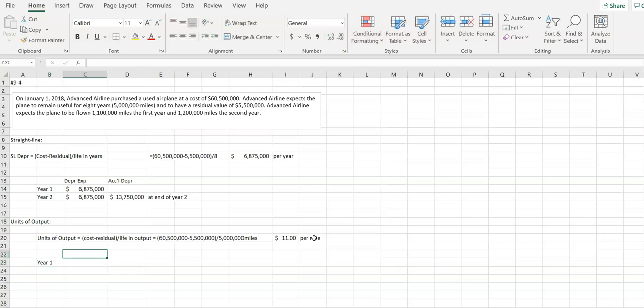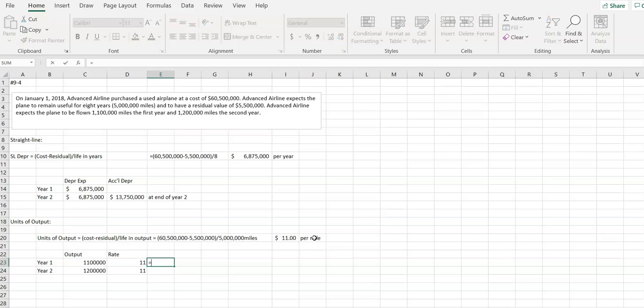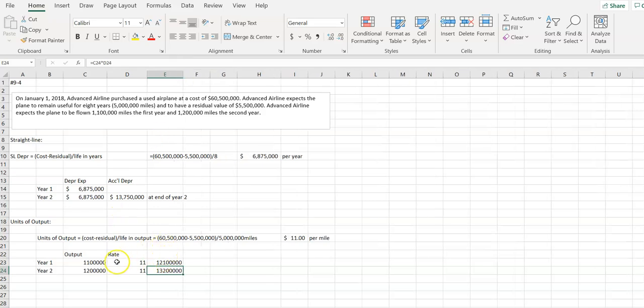All right, so year one, the output in year one was 1,100,000 miles. And in year 2, it was 1,200,000. All right, the rate is $11. And then just multiply that out. So this one is just units because it's miles.